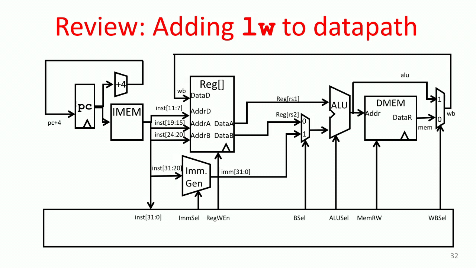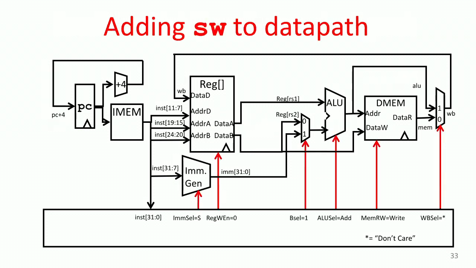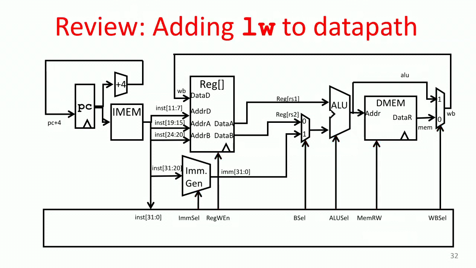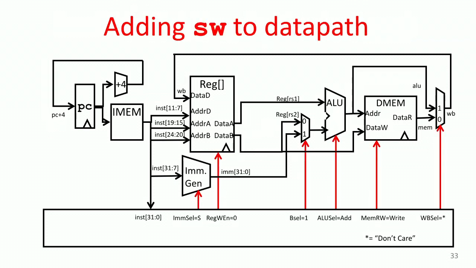And I think the rest is pretty close to what we have. Let's see. So the B data coming out of the register file, which is the data that corresponds to RS2, has some fan out now. It goes into that mux as we had it before, but it also extends over here and goes into the write data port of the data memory.